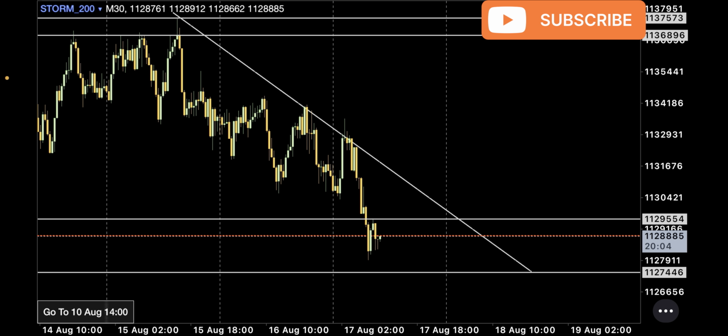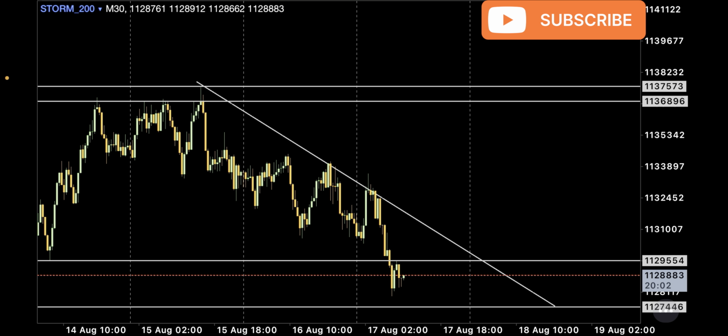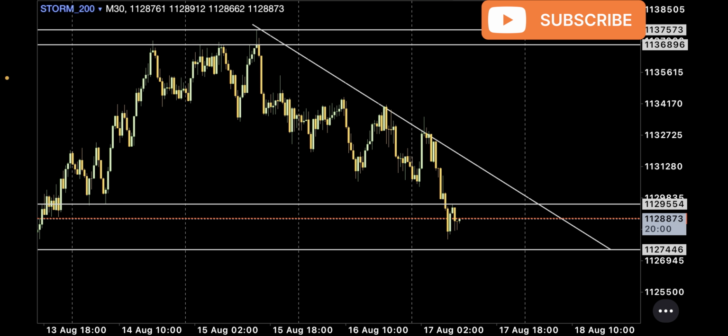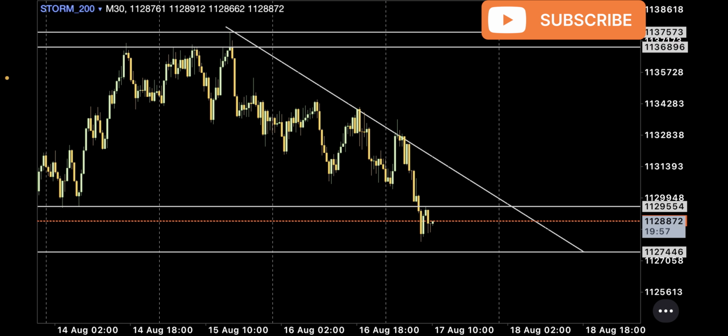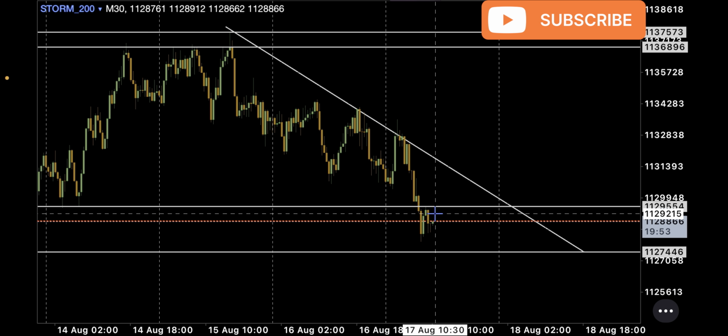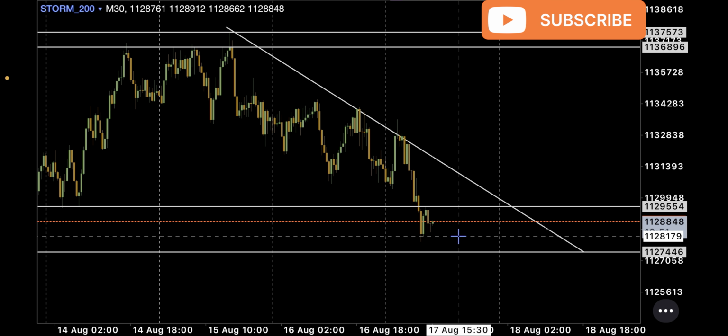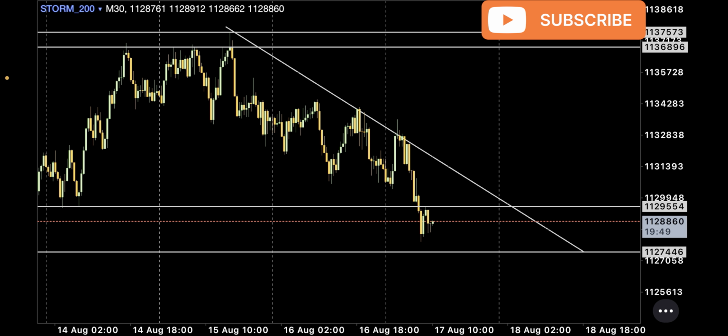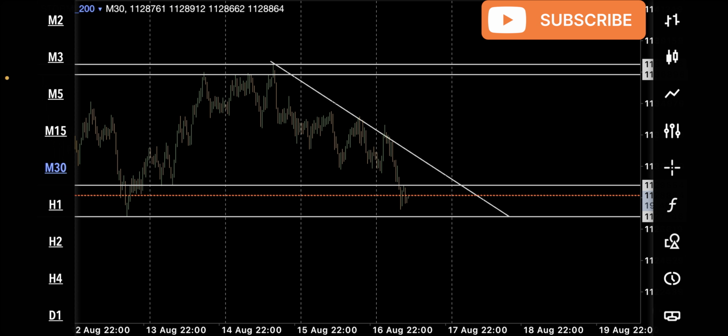Wait for your confirmations, because now we have two zones. We have this upper zone and this lower zone. So either price breaks and comes here, or price continues to the downside. That's all.